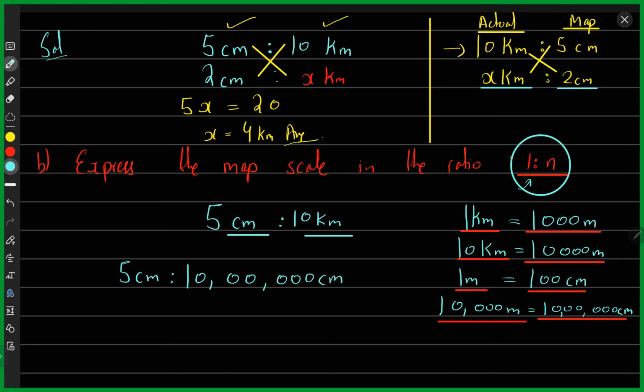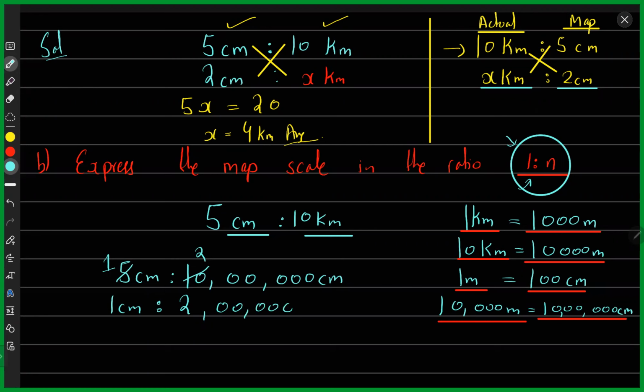And now in order to have 1 here, I can cancel it out. So what do I know? It's 1 times and it's 2 times. So 1 centimeter is equal to, sorry, not equal to, ratio, my bad, 2 lakh.